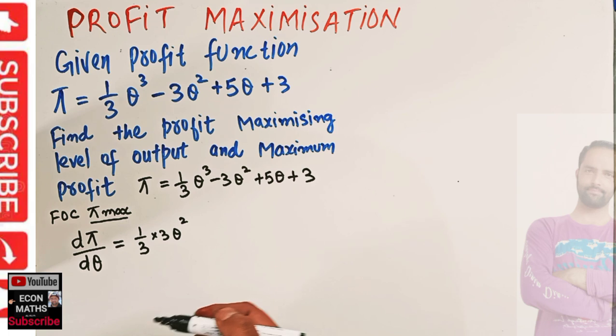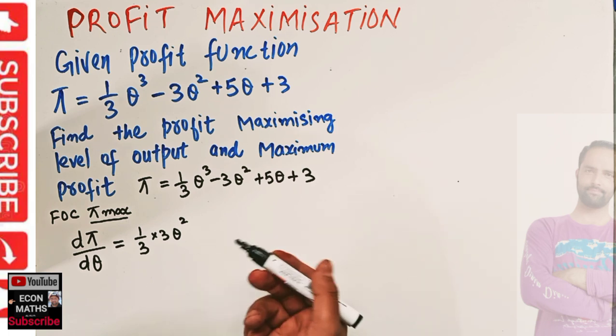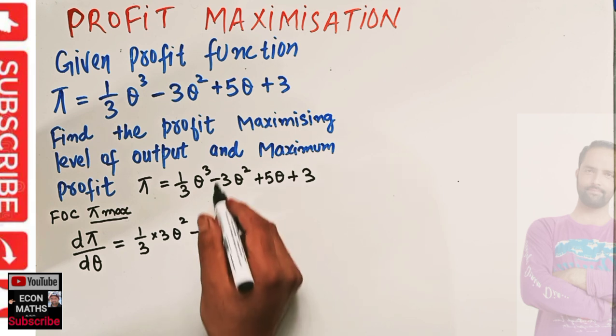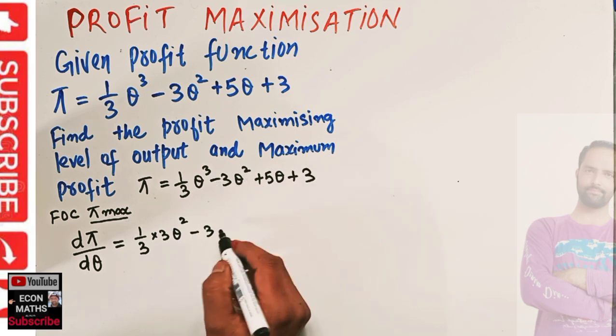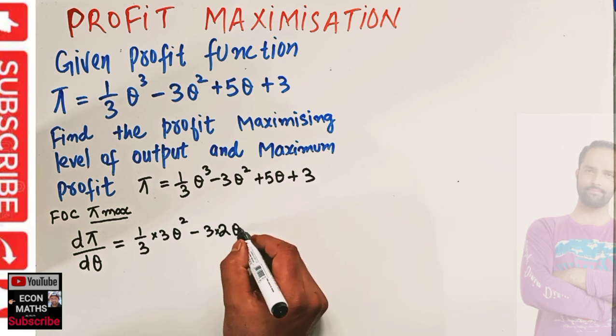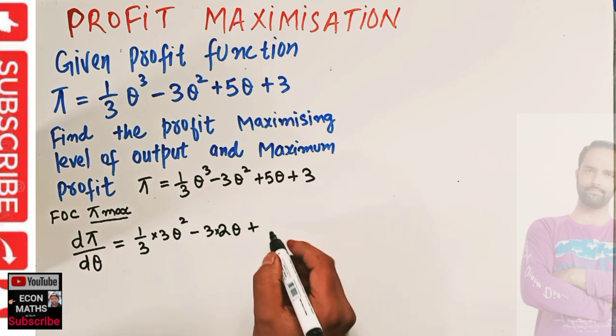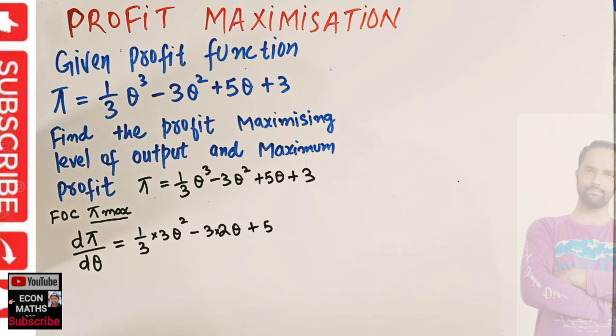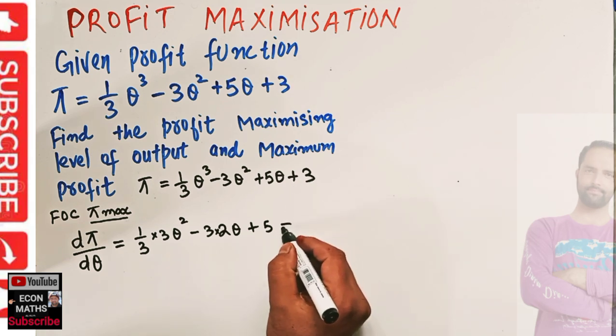I have explained many times how we do the differentiation. Minus 3 times the derivative of q squared, which will be 2q, plus the derivative of 5q, which is 5, and the derivative of a constant is 0, and we set it equal to 0.